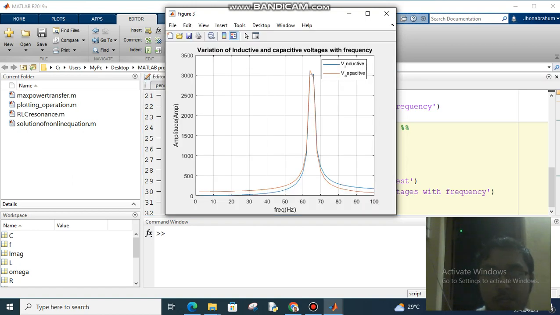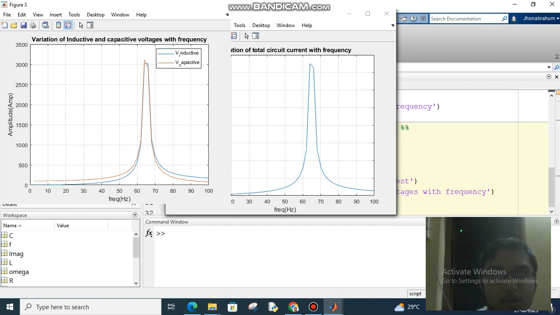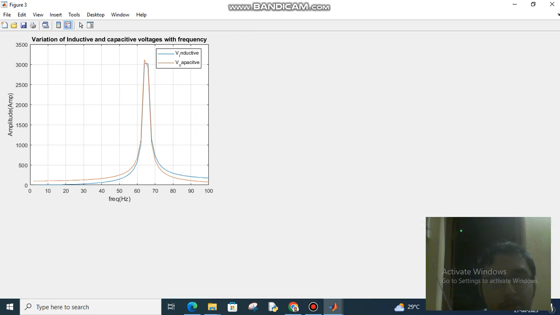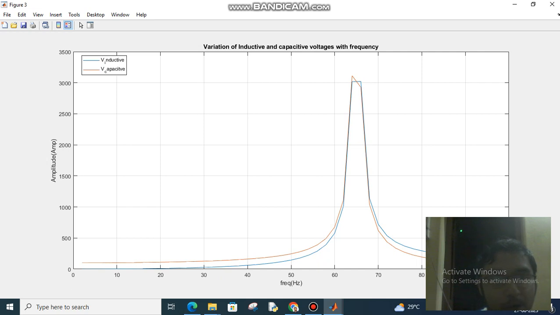This is the plot we obtained, the variation of inductive and capacitive voltages with respect to frequency. The blue line represents the inductive voltage, or drop across the inductive reactance, and the purple line represents the capacitive drop. A peak occurs at a certain frequency between 60 and 70 Hz.